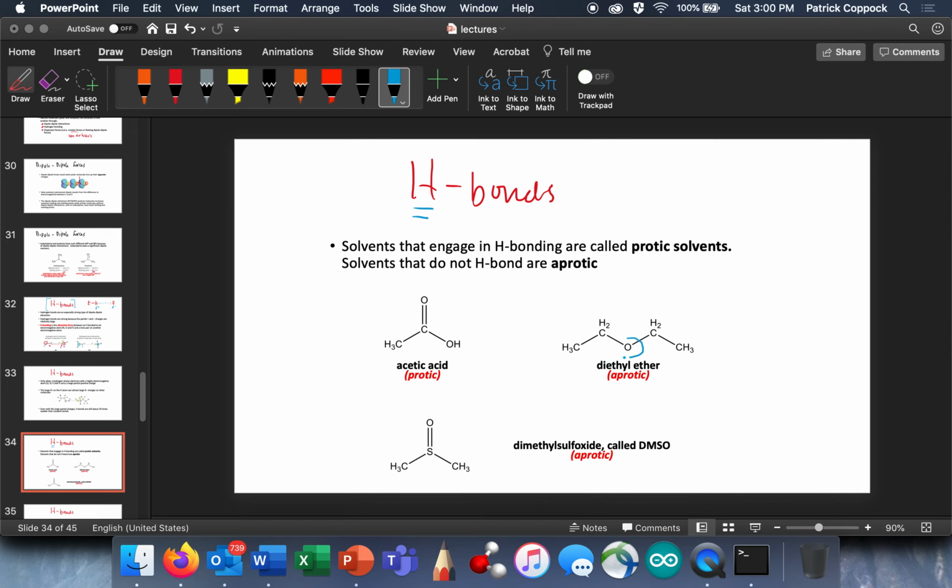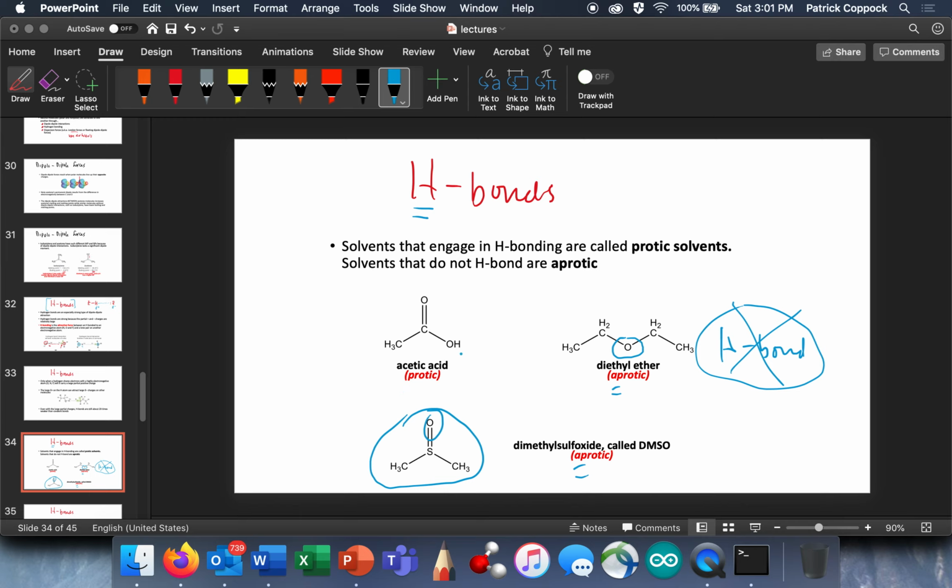So I have an electronegative element right here, but there are no hydrogens bonded to it. So H bonds do not exist in diethyl ether. They do not exist in DMSO, right? This is a polar molecule, but there are no hydrogens bonded to the electronegative element. It is therefore aprotic.